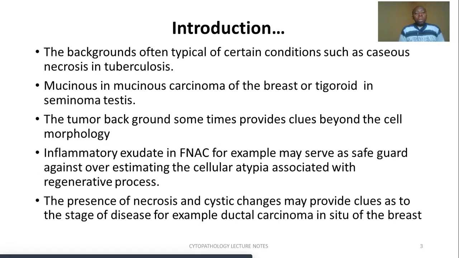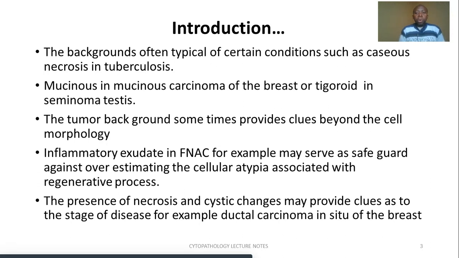So inflammatory exudates in FNA, for example, may serve as a safeguard against overestimating the cellular atypia, which could be associated with the regenerative processes. So in regenerative processes, sometimes we may identify some atypical changes and atypical reactions in the cell when they are regenerating or when there is a reparative process taking place.